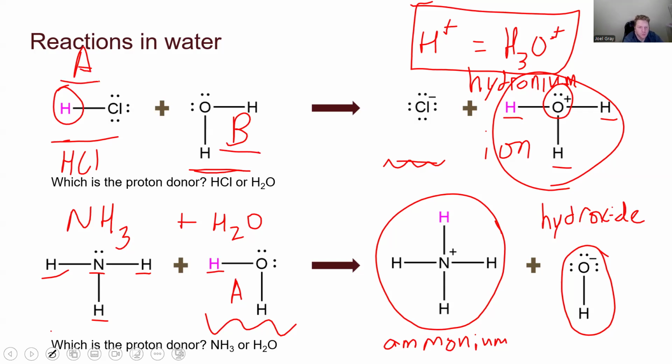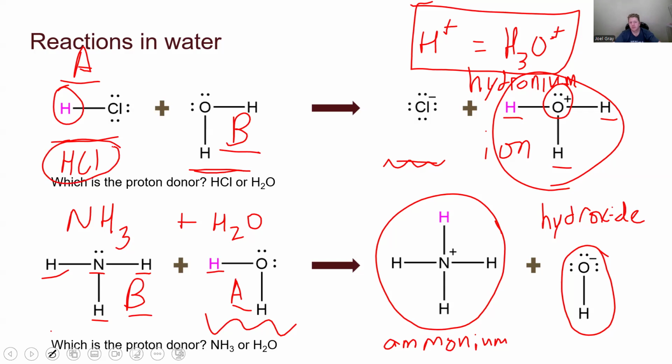Ammonia, NH3, acts as a base, and water acts as an acid. Water, in our two different reactions, in one case acts as an acid, and in the other case acts as a base. That's all dependent on what the other species is.